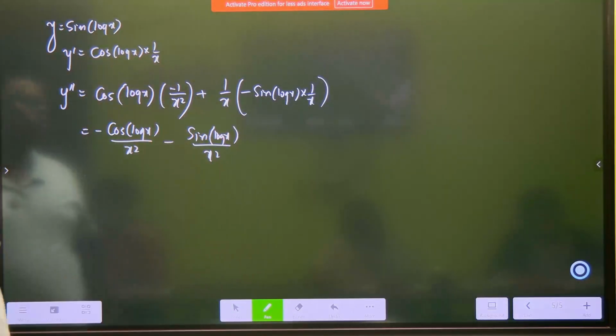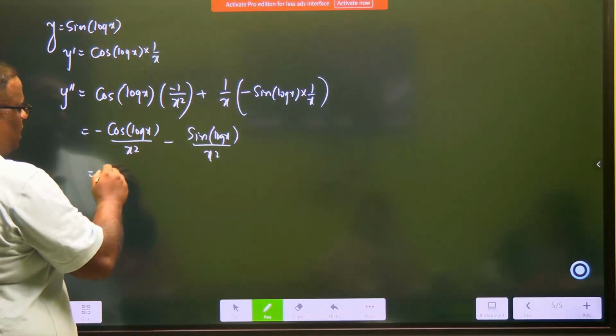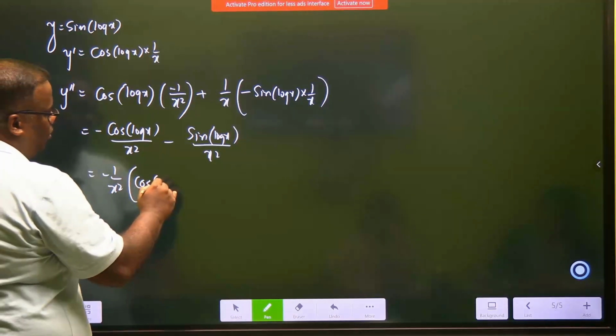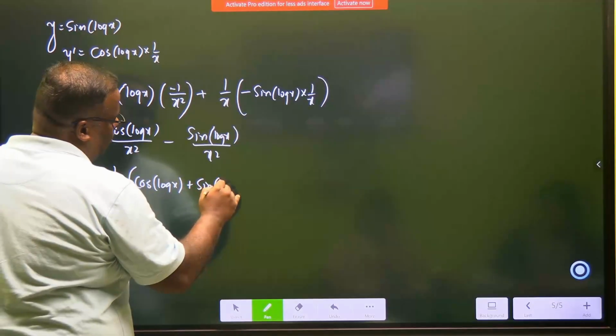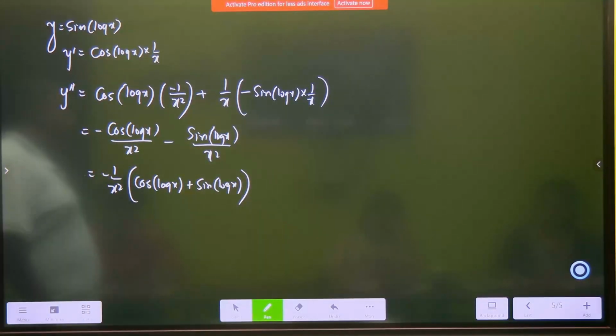Don't take these as common, because these are the angles. So a negative 1 by x square, if it is taken common, cos of log x plus sine of log x. Tick.